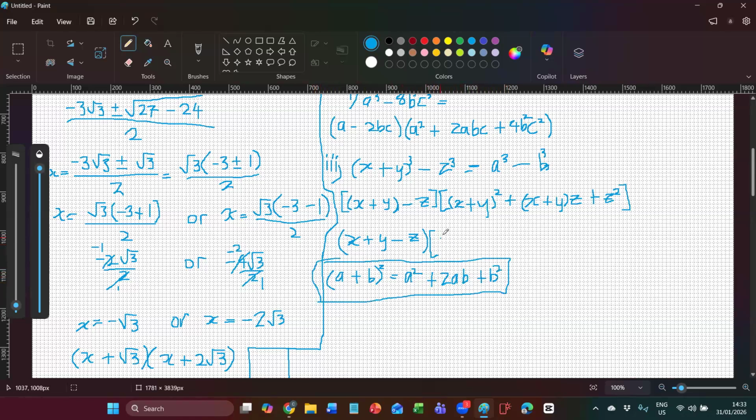If we agree with that, then x plus y all squared is going to be x squared plus 2xy plus y squared.